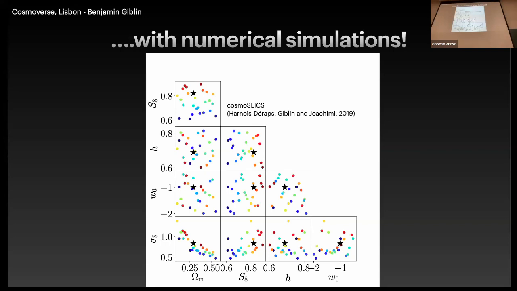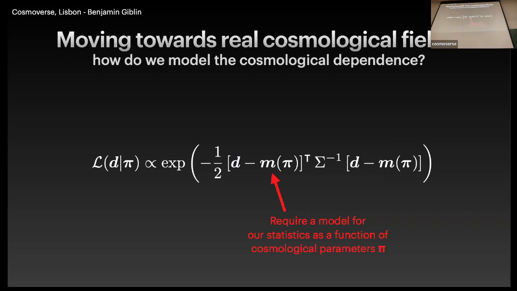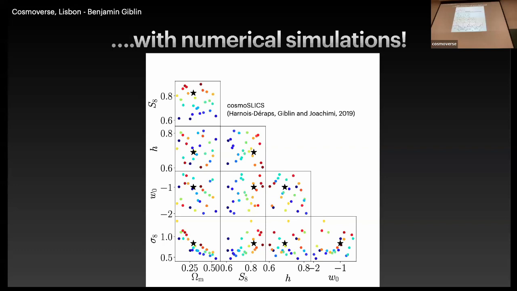What it learns to do is interpolate between these points in this four-dimensional space in order to make a prediction for your lensing PDF statistic at arbitrary points in this parameter space. So that satisfies this requirement. We now have a model for this statistic as a function of these parameters, and we can constrain cosmology.